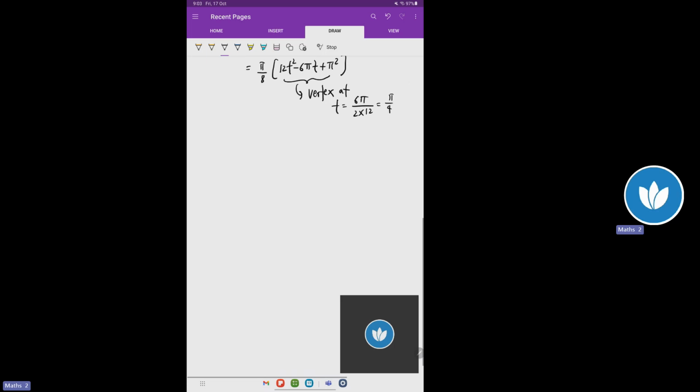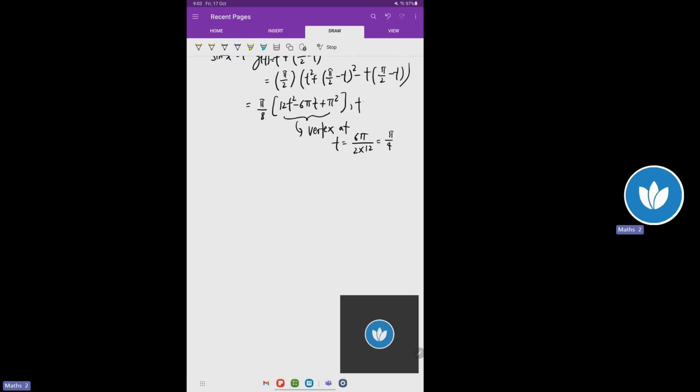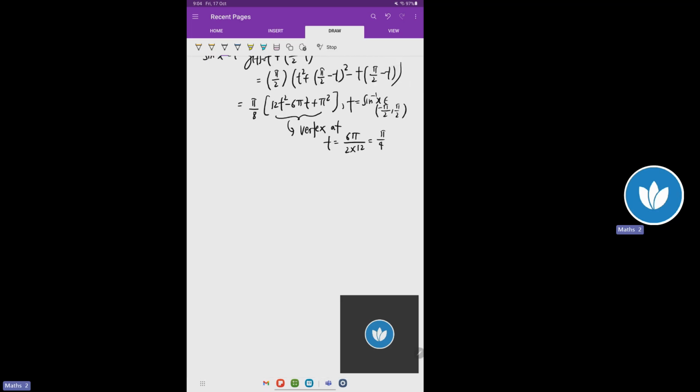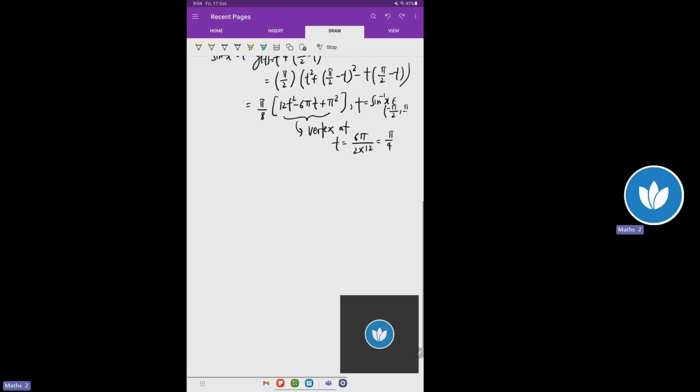Since t is sine inverse x, obviously t is restricted from minus pi by 2 to pi by 2, both closed.